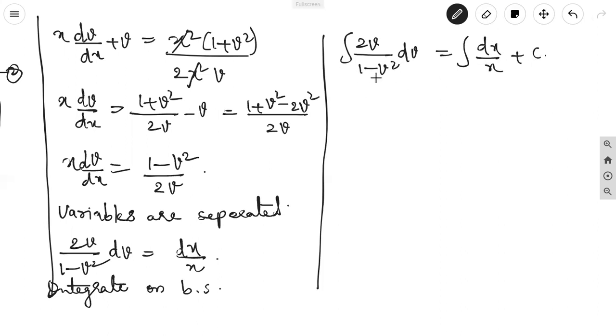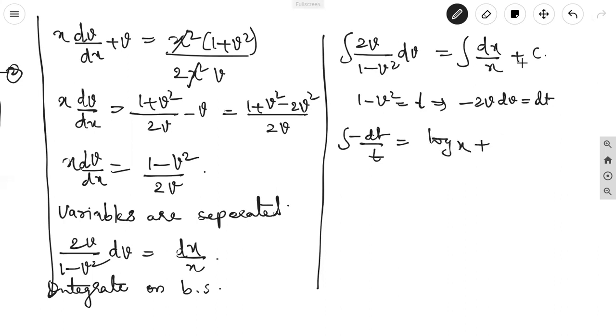Here just take 1 minus v square equal to, suppose, t. Then minus 2v dv equals dt. That is nothing but this integration is integral of minus dt by t, equal to log x plus c, and we can write c also as log c, that is our wish.